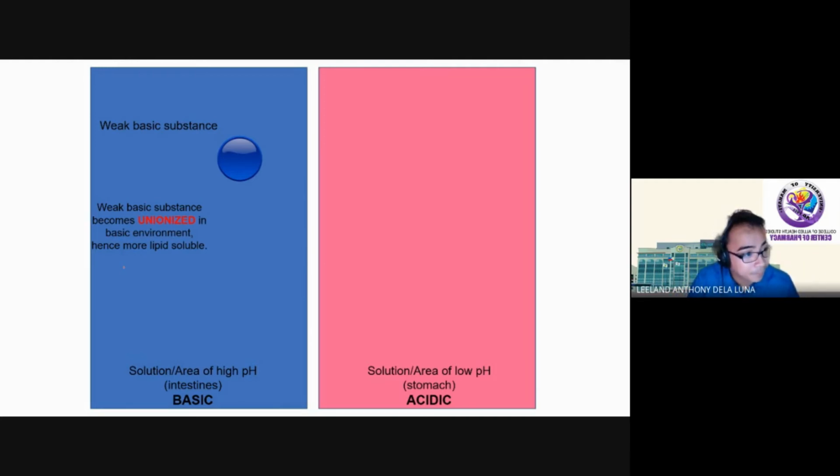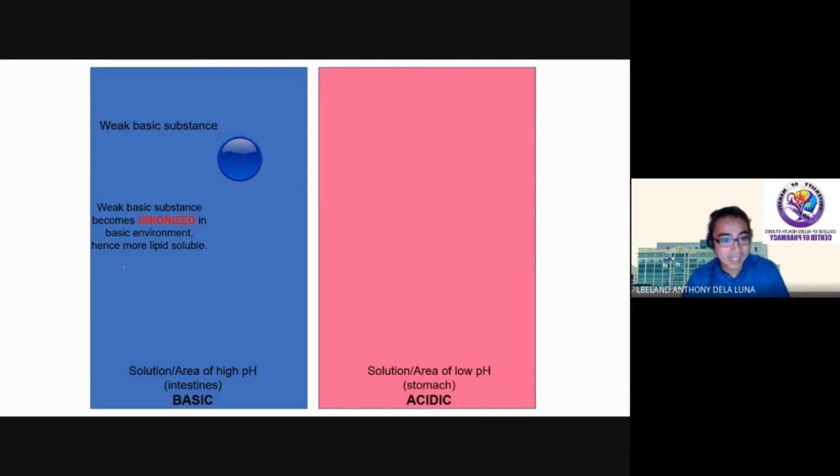Correct? Okay. Ito, base sa base lang eh. Basta wala mangyayari. Okay? Alright? So, I hope that makes sense, class. Walang mangyayari sa kanila, so therefore, they will remain unionized.